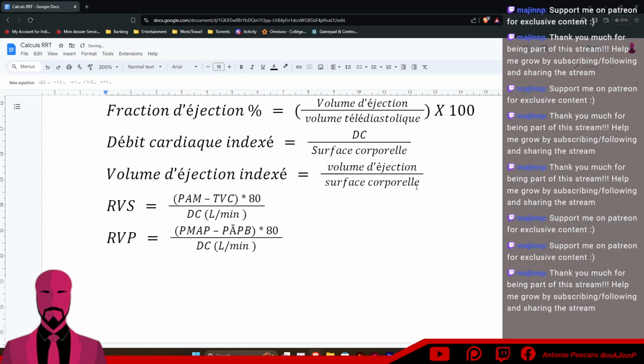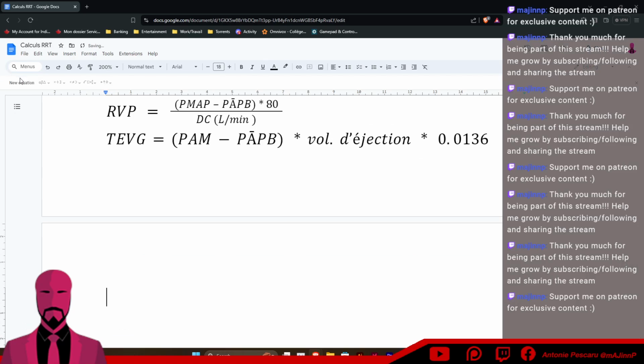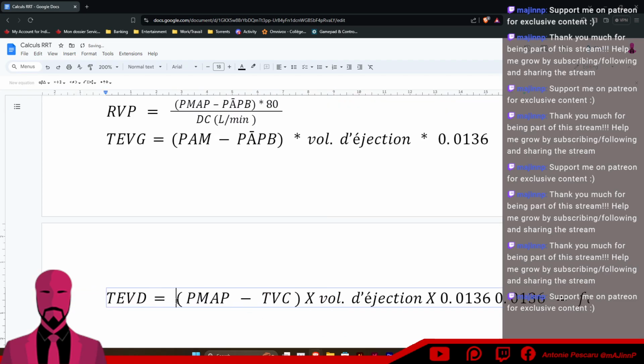The ventricular workload. So the left ventricular workload is your mean arterial pressure minus your wedge times the ejection volume times the conversion factor, and we also have the right ventricle.